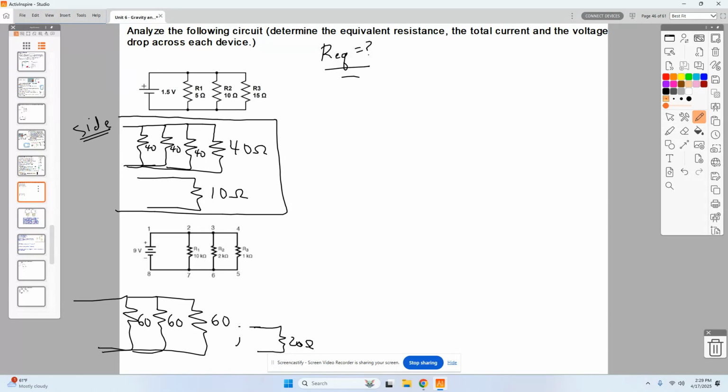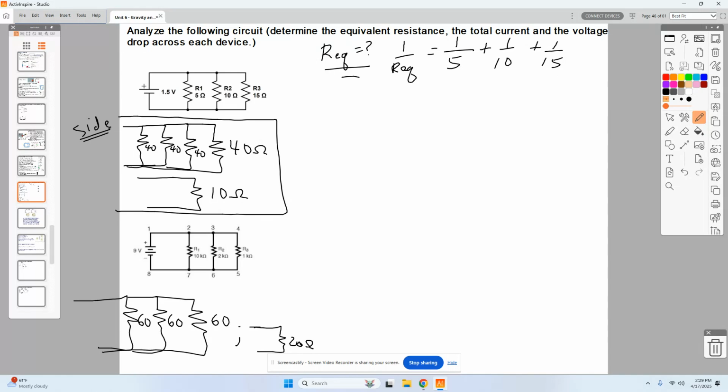First thing I'm going to do is write that equation out. 1 over Req is equal to 1 over 5 ohms plus 1 over 10 ohms plus 1 over 15 ohms. There's no easy math here. You have to add them together. Now, instead of using your calculator for this, could you find the LCD, the least common denominator?